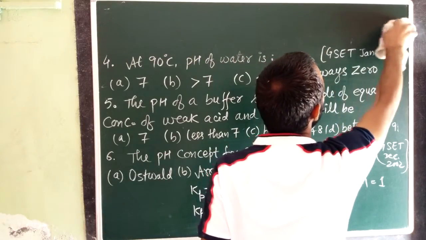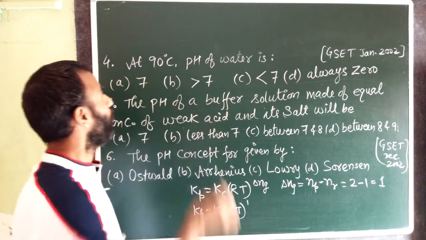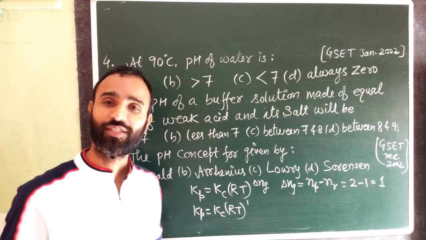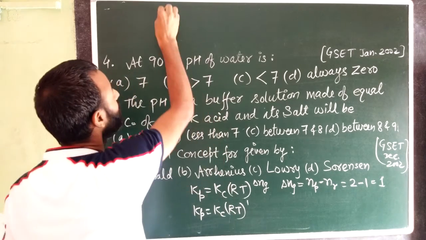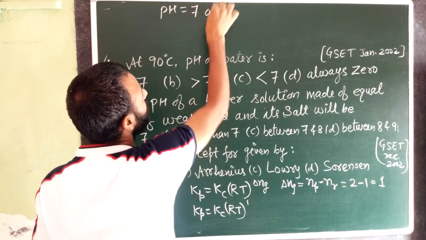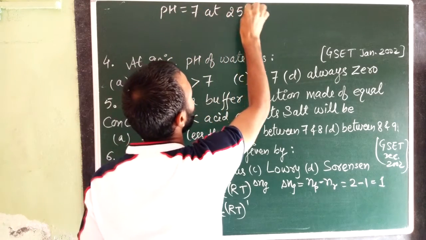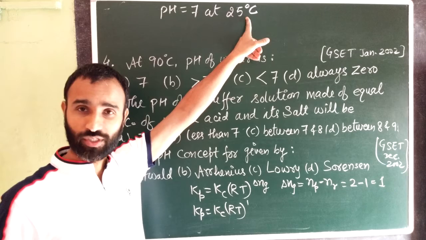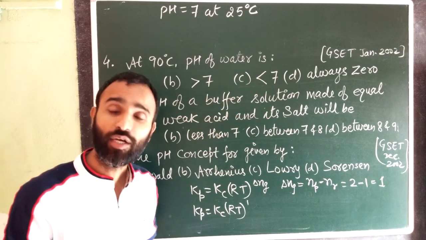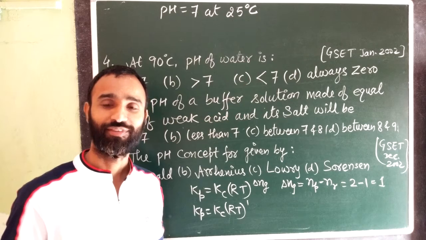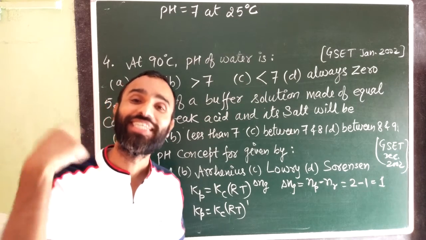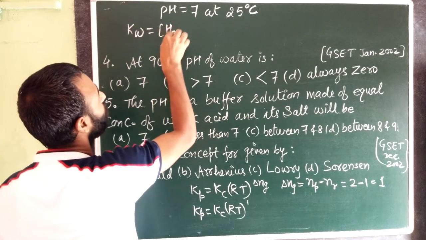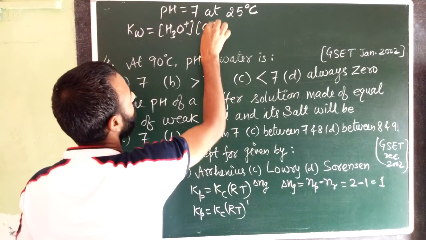2 January. Okay. Now at 90 degrees, what is the pH of water? Now everyone knows that pH of water is 7, but pH is equal to 7 at 25 degrees Celsius, right? Now when we increase the temperature, keep in mind ionic product increases, because you know ionic product is H3O plus concentration times OH negative ion concentration.